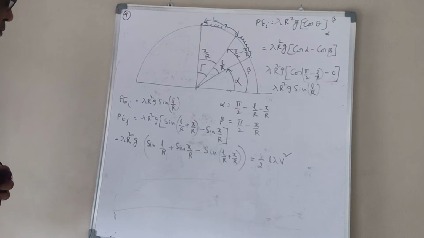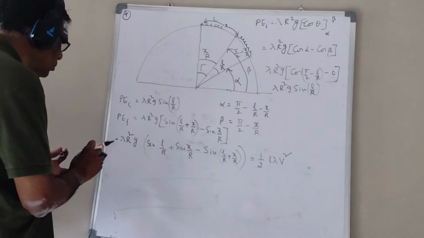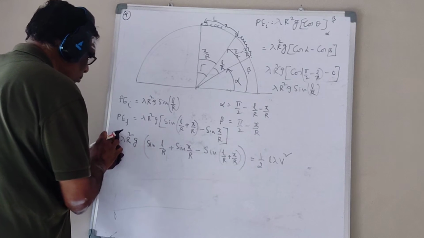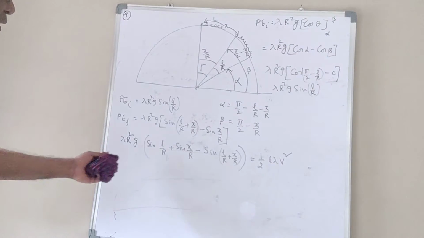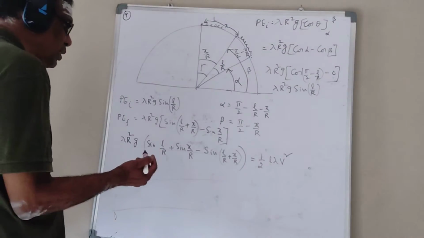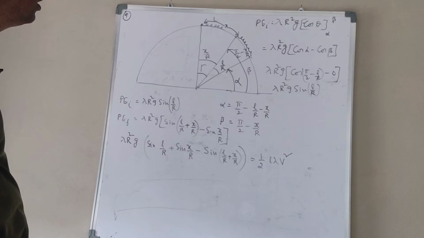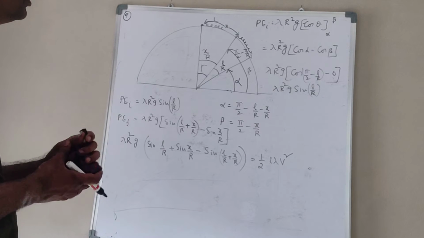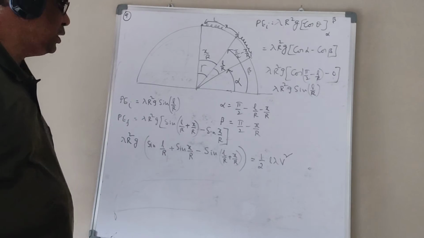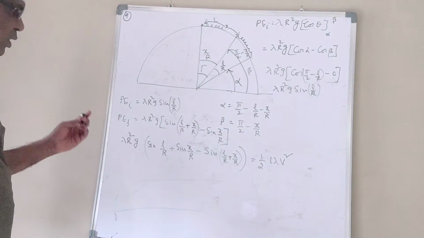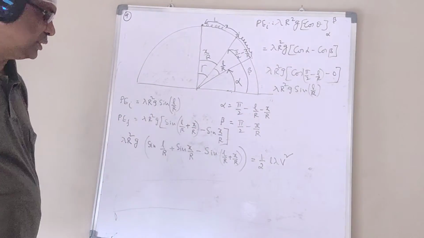Okay? Got it. Now, this is how you get it. So you divide what are all the factors you have. That is L by R. You try to look at the way you convert this.